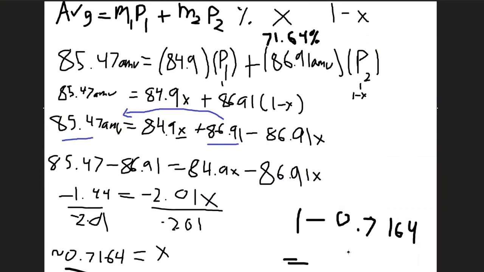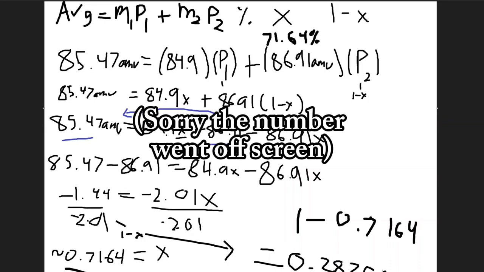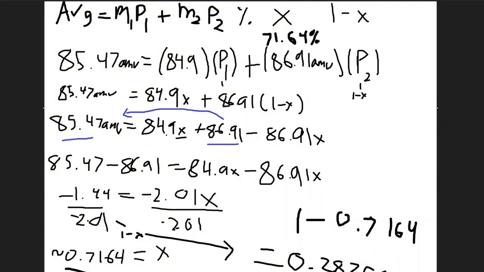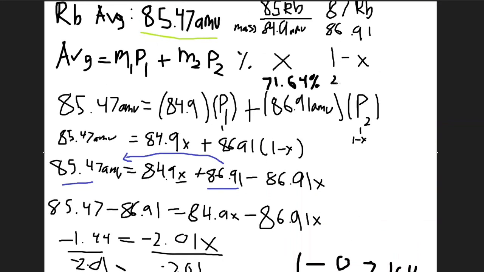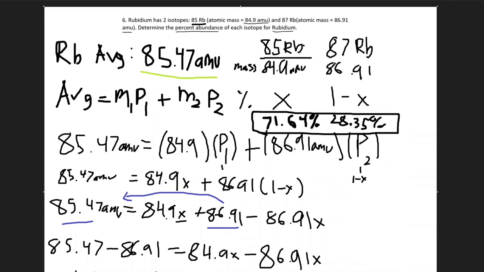And this is basically about 0.2835820. I really don't need to spell out all of the digits, but if we multiply it by 100, it's 28.35%. So we can put 28.35% here, and that's our answer for both isotopes.